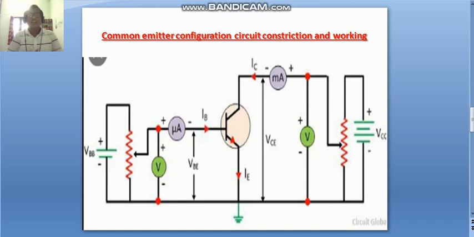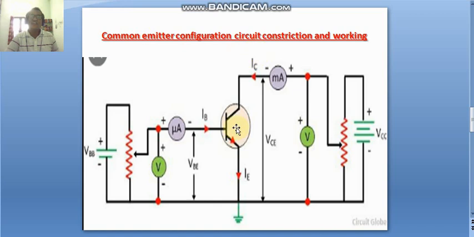Similarly, now as we discussed the common base, let us discuss the common emitter configuration. Common emitter means the emitter terminal is common to input as well as output, and that terminal configuration is known as common emitter configuration.